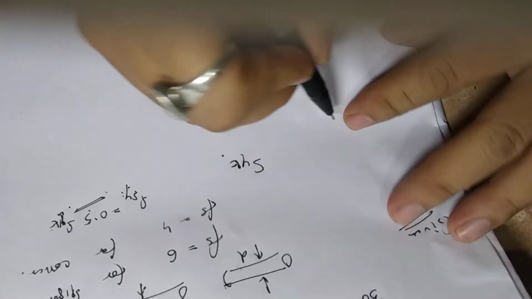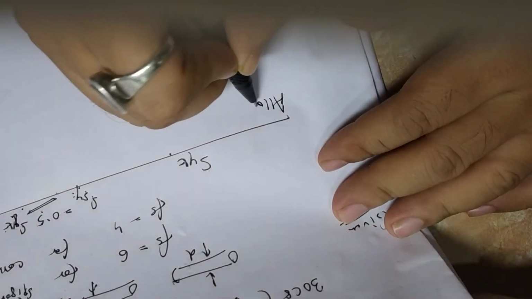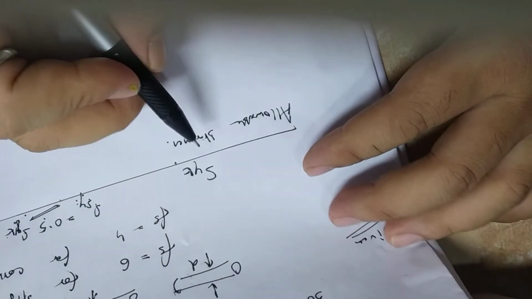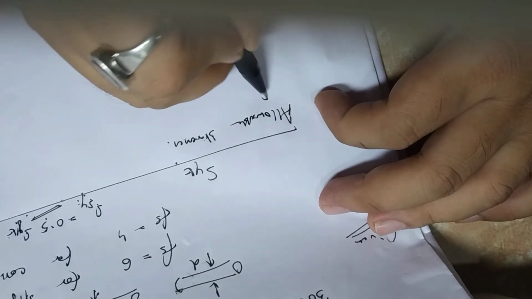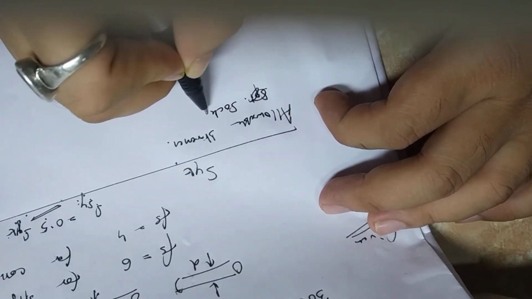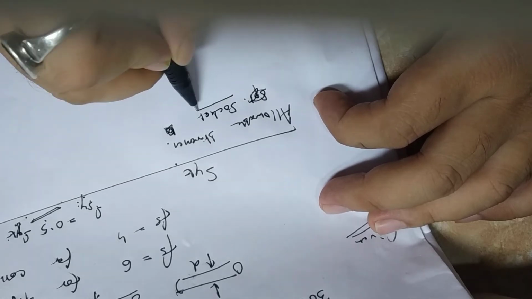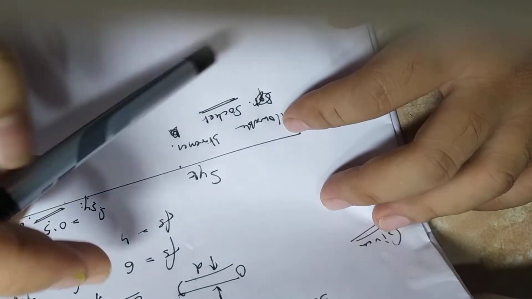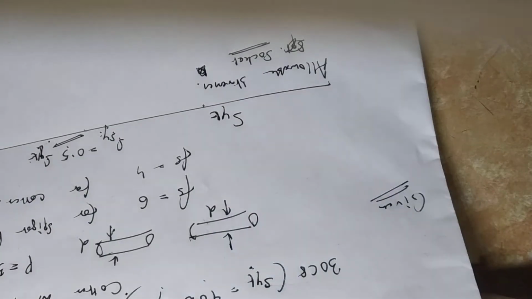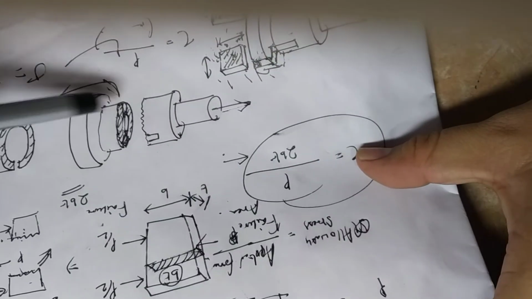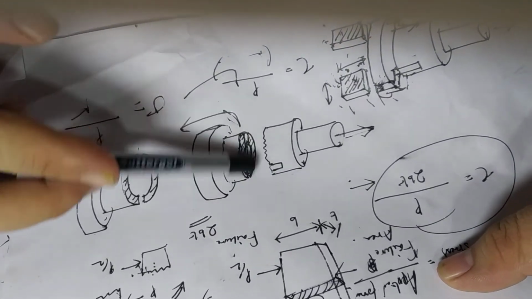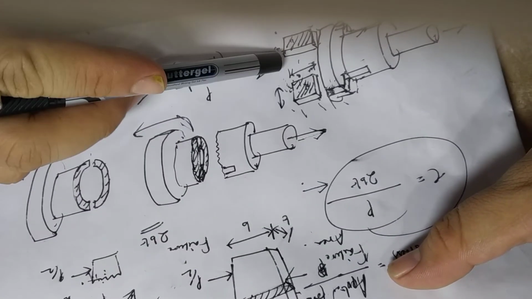Now let's find out the allowable stresses, first for the socket. You have seen the socket can fail in two ways: tensile failure can happen, and shear failure can also happen.